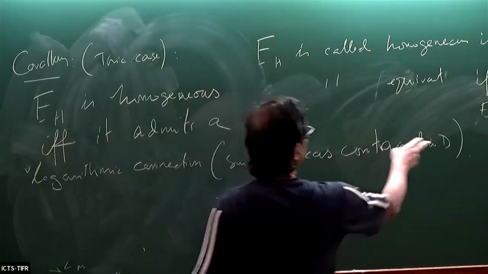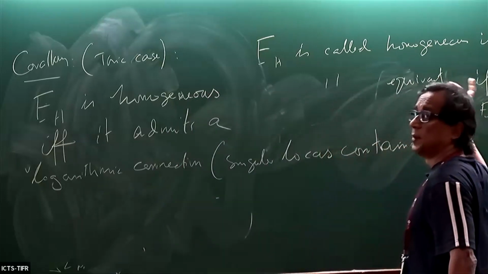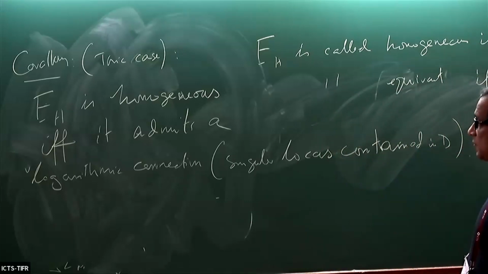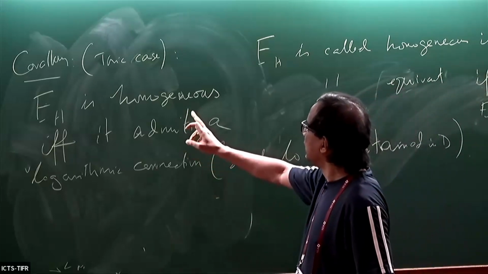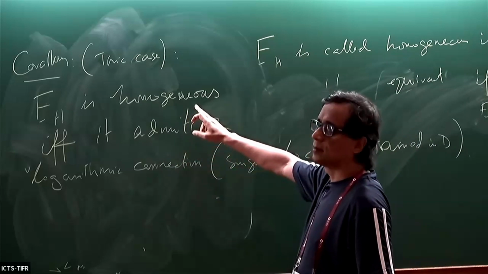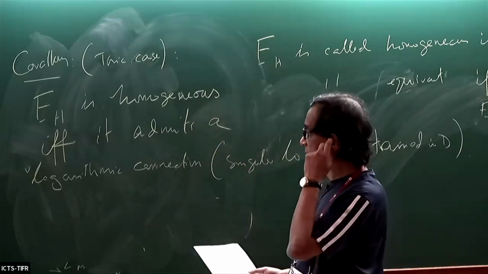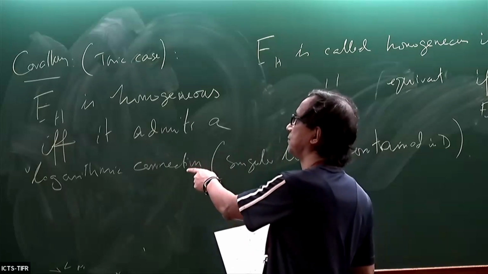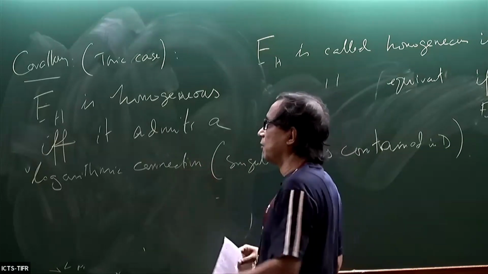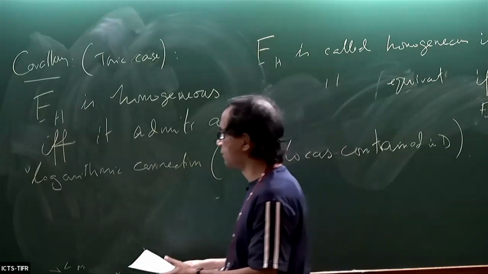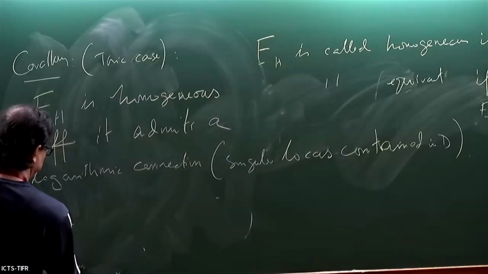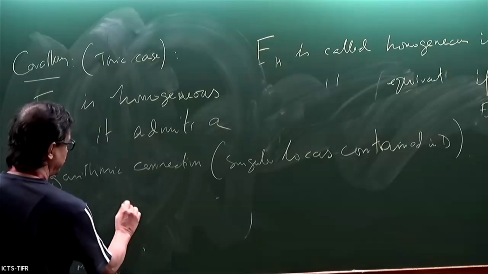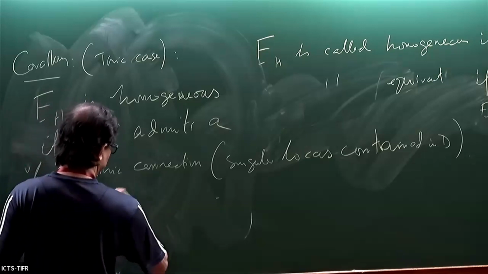You noted that equivariant is a stronger condition than homogeneity, the way we defined it. So we say that it is equivariant if and only if it admits a logarithmic connection, then it is homogeneous. But I have to make an assumption. Theorem: H reductive.